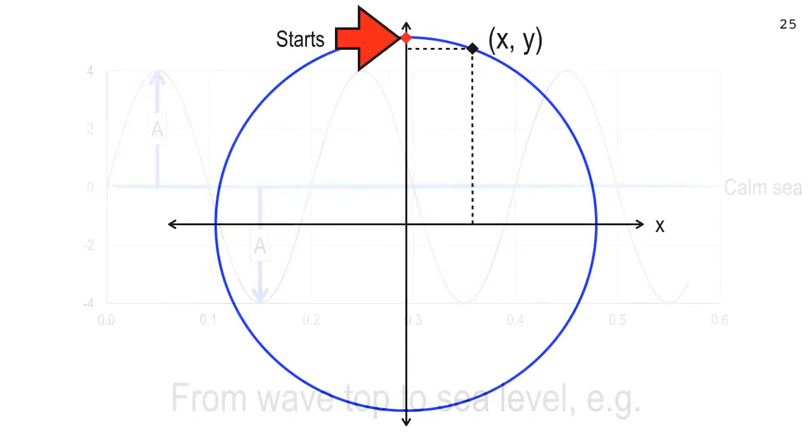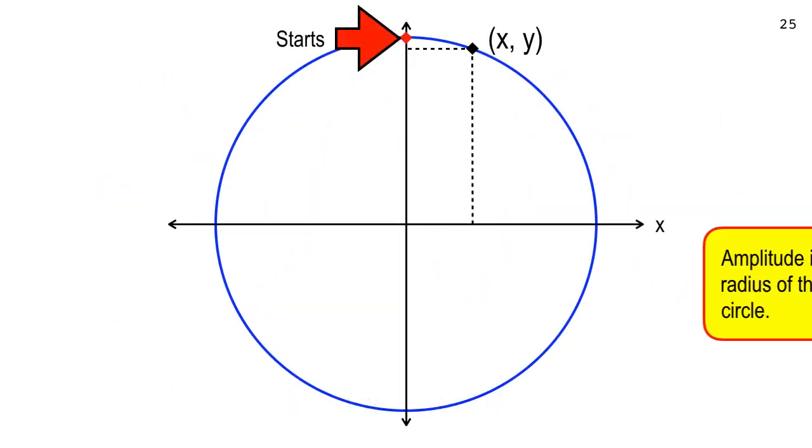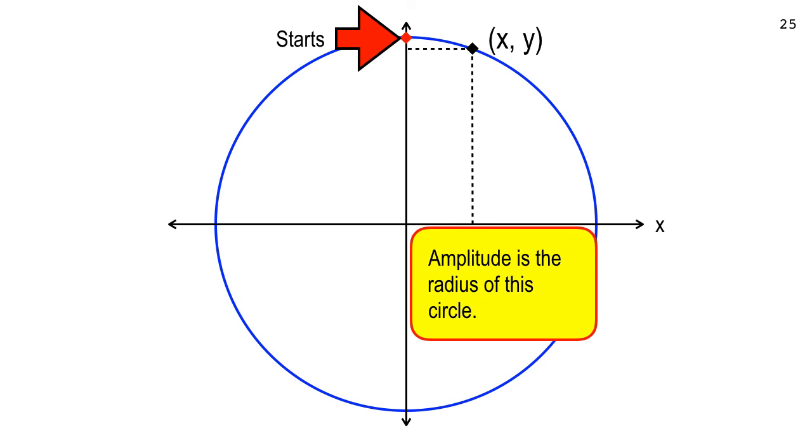Now, let's get back to the circle. The amplitude of the circle is the radius of the circle, or the amplitude of the oscillations of the x coordinate is the radius of the circle. Now, if you have a perfect circle, the amplitude of the x oscillations will be equal to the amplitude of the y oscillations.